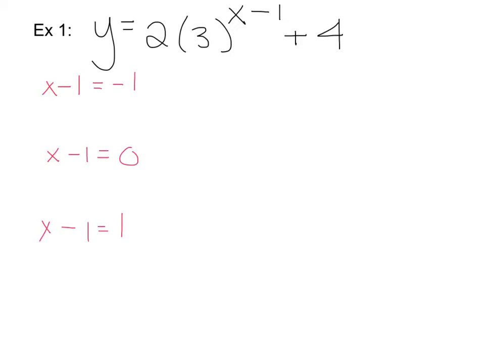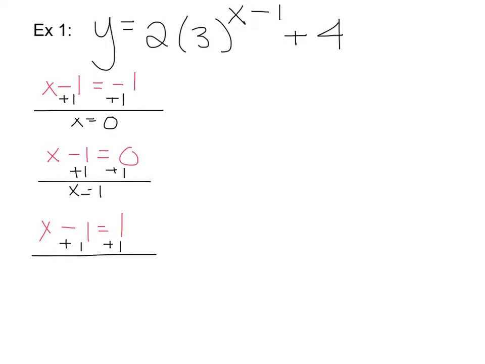So we add 1 to negative 1, and you get 0, okay? Add 1 to 0 and you get 1. Add 1 to 1 and you get 2.